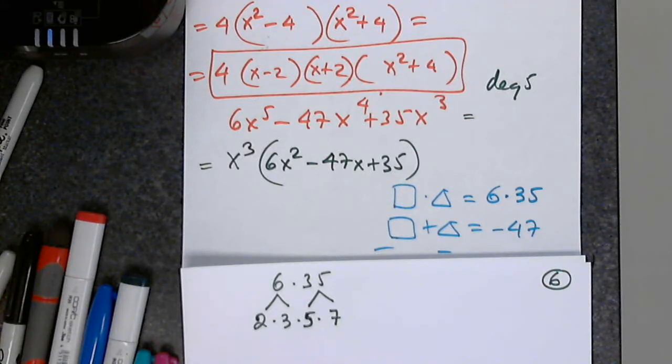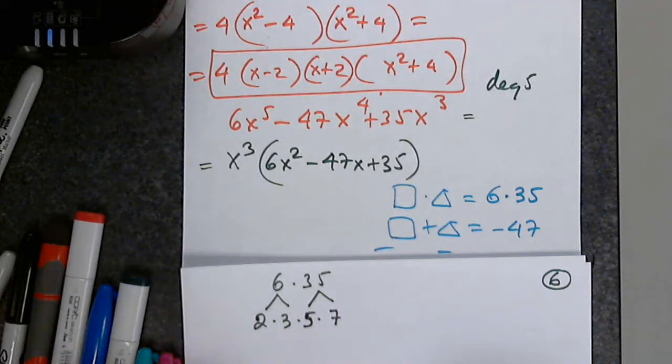2 has to be used. 3 has to be used. 5 has to be used. And 7 has to be used. But only give me two numbers. You can write the alternatives on the side.